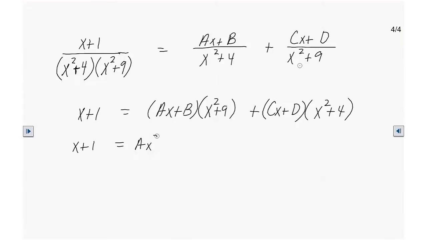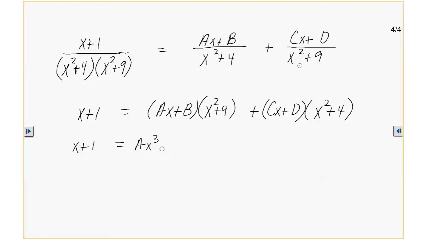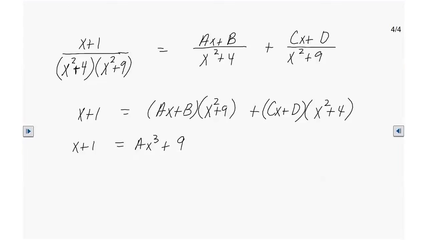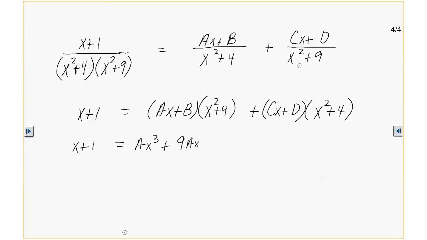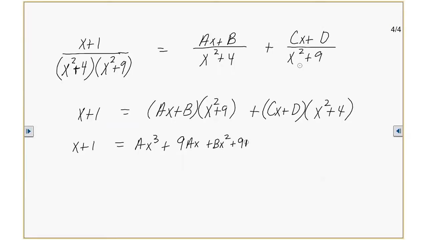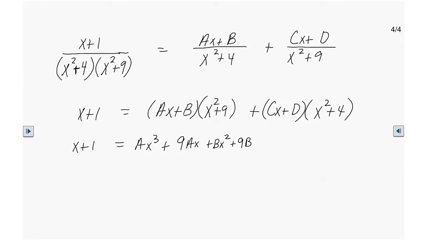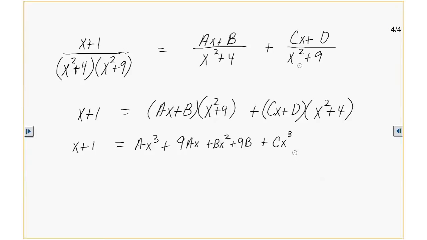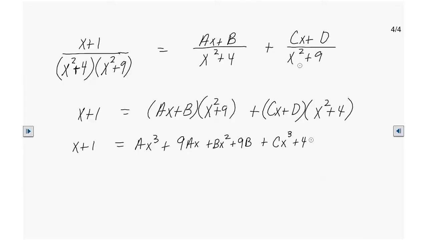ax cubed plus 9ax plus bx squared plus 9b plus cx cubed. Y'all check my algebra because this can get kind of tedious. Plus 4cx plus dx squared plus 4d.